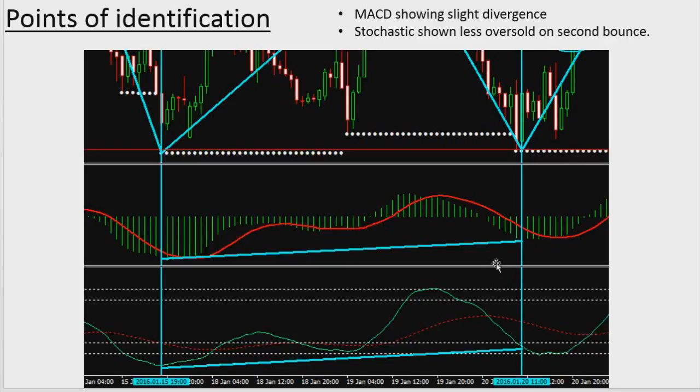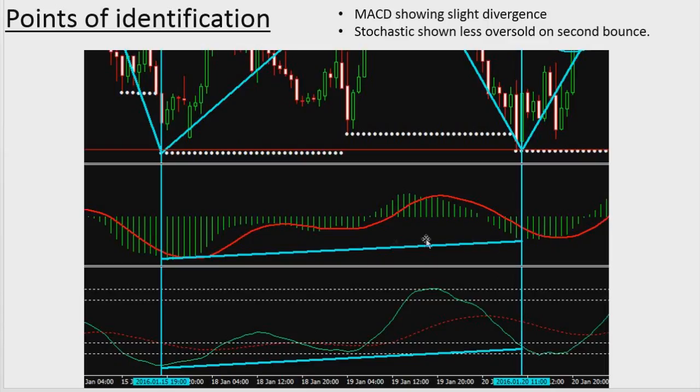Then moving on to a more complicated sense of identification would be the MACD and the stochastic that we usually use. So as you can see, I've drawn horizontal lines that cross below both double bottoms of the W pattern, and this was on the Aussie dollar US dollar. As you can see here on the MACD, it's showing a higher low, whereas over here you can see it's a double bottom.